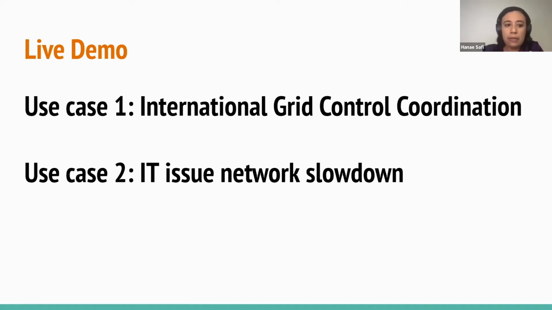So to avoid this situation, TSOs established several mechanisms, and among them, there is what we call the automatic frequency restoration process, which aims to restore the frequency to 50 Hertz.